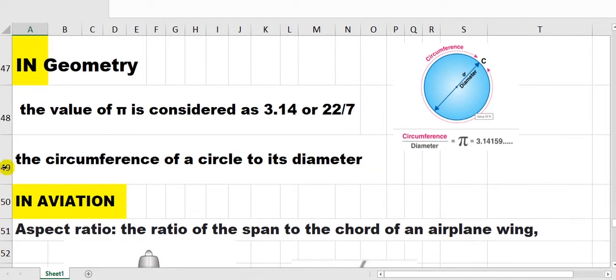Okay? The circumference of the circle to its diameter is pi. This is a letter in Greek called pi.